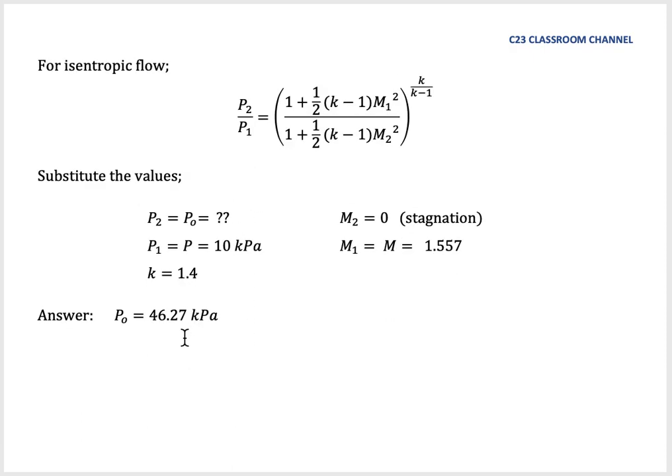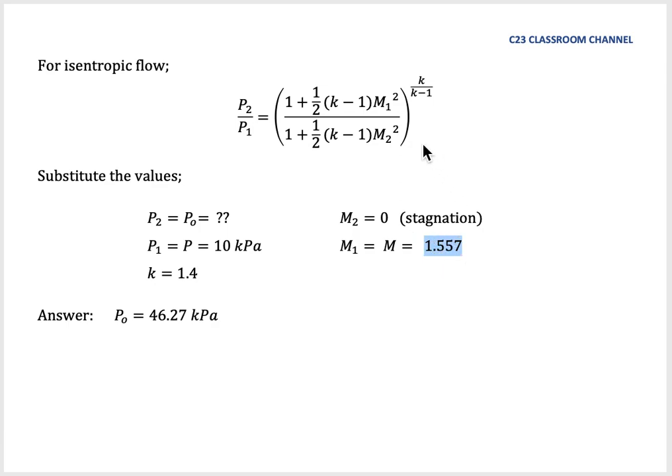And then to get the value of stagnation pressure, we use the isentropic flow for pressure. We have P2 over P1, and we substitute all the values. Similarly with the previous solution, we substitute P2 as P0, pressure at stagnation condition, P1 as 10 kilopascal, M2 equal to 0 because it is Mach number at stagnation condition, and M1 equal to 1.657, the value calculated previously.